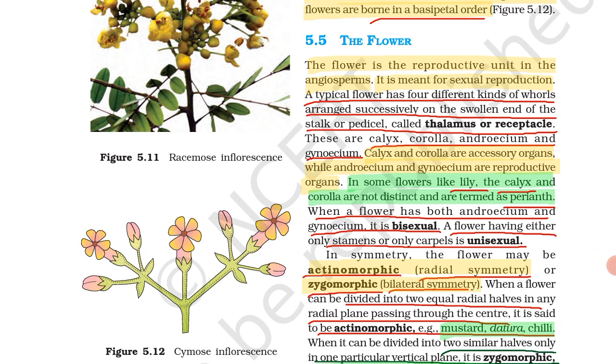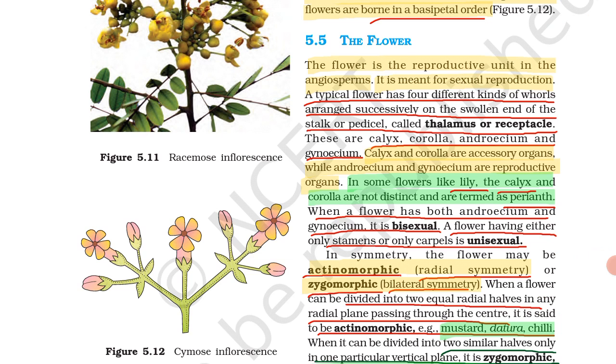Calyx and corolla are accessory organs, whereas androecium and gynoecium are the reproductive organs.